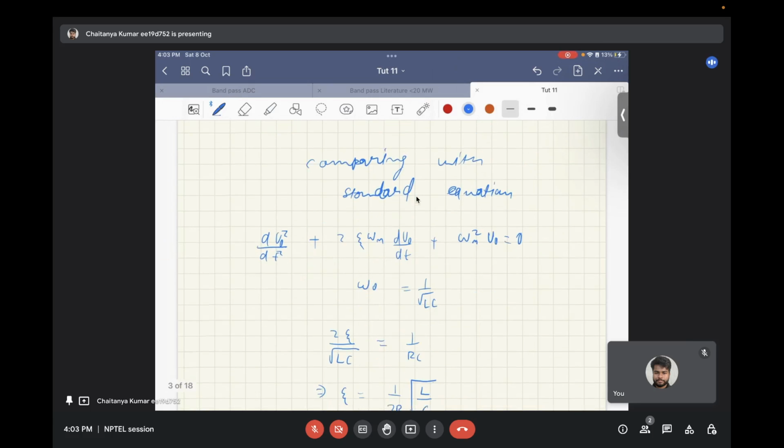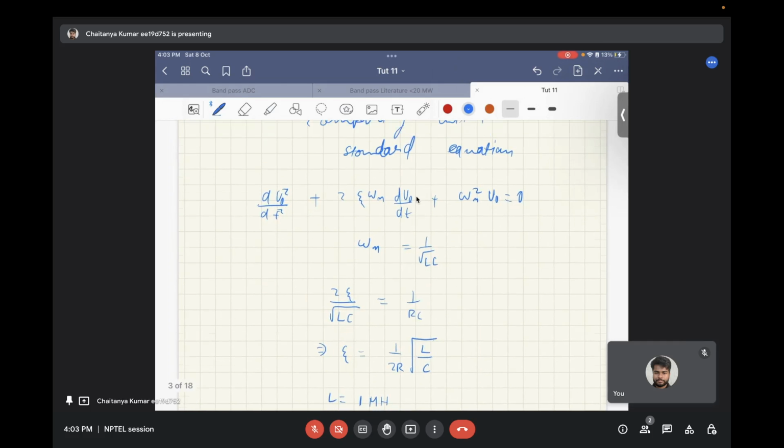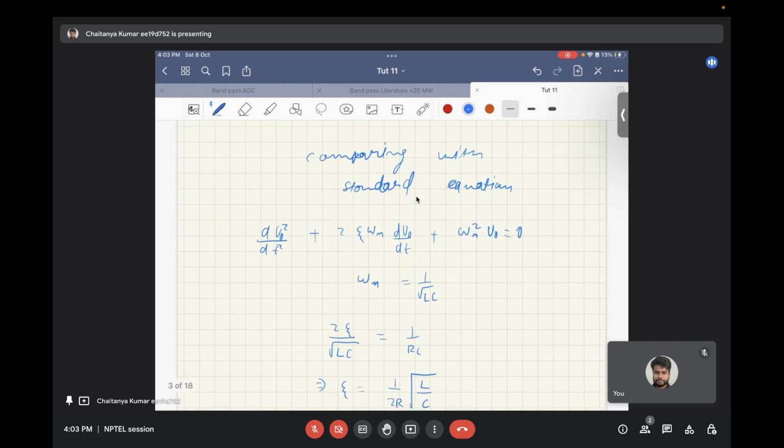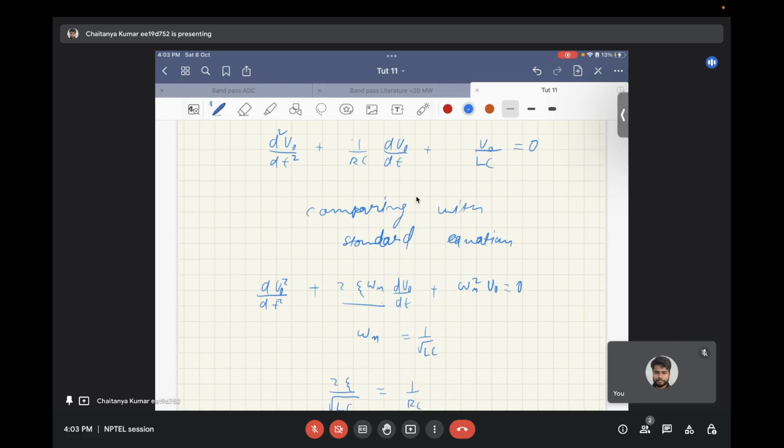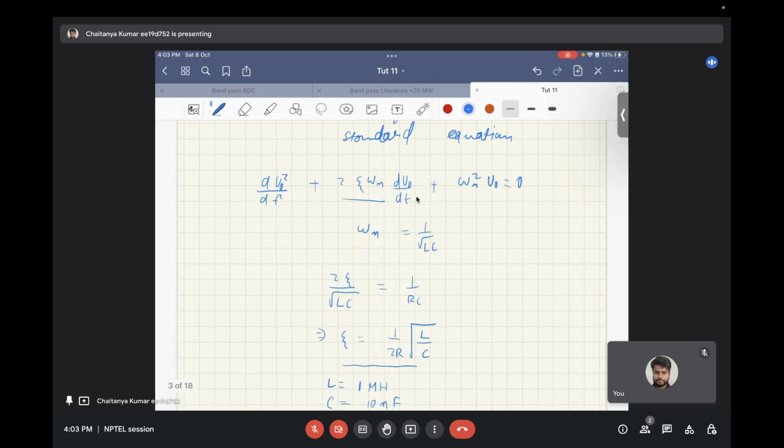So if we compare it with the standard equation, the natural frequency omega naught or omega n we get as 1 by root LC, and then 2 zeta omega n is equal to 1 by RC. So from there we get the value of zeta, the damping factor, as 1 by 2R times root L by C.